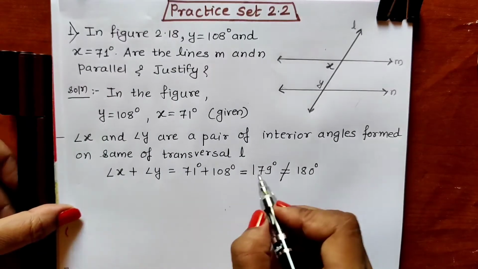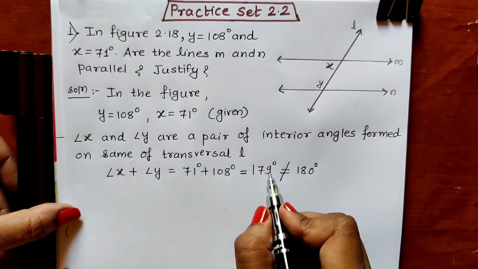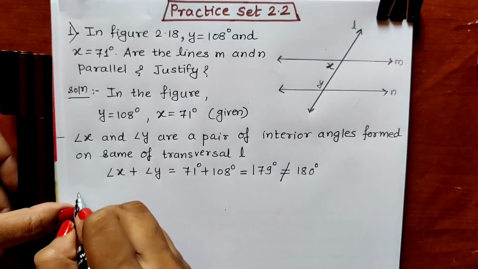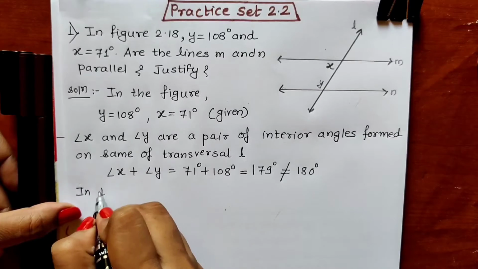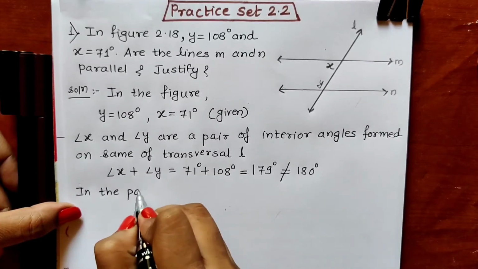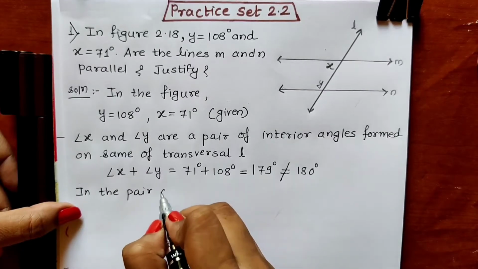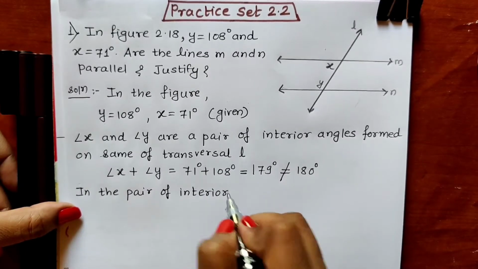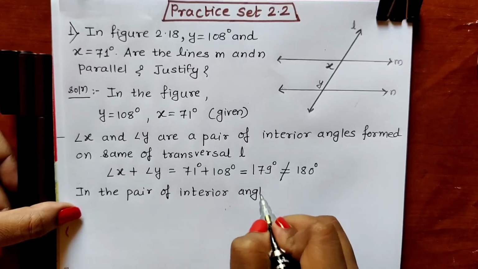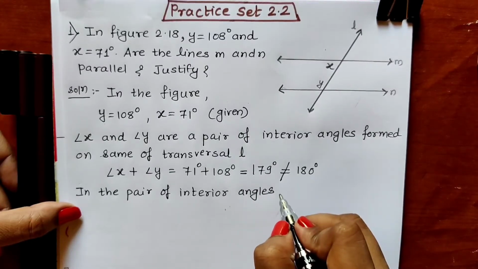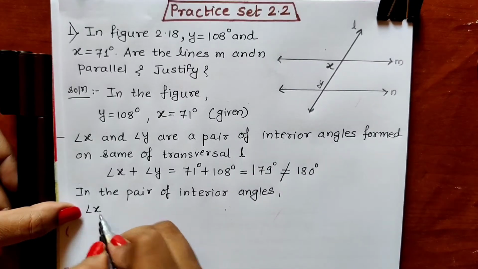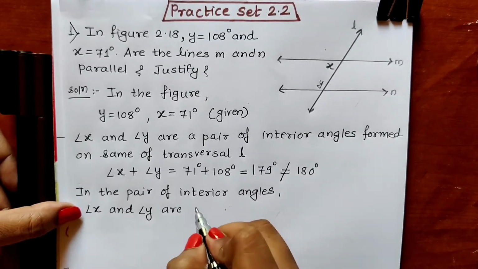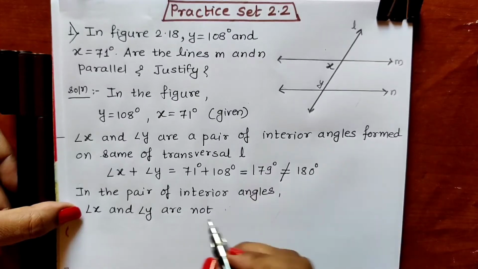And then as we have got their total is 179 degree which is not equal to 180 degree, what should be written in the next step? In the pair of interior angles, angle x and angle y are not supplementary, because their total is not 180 degree.